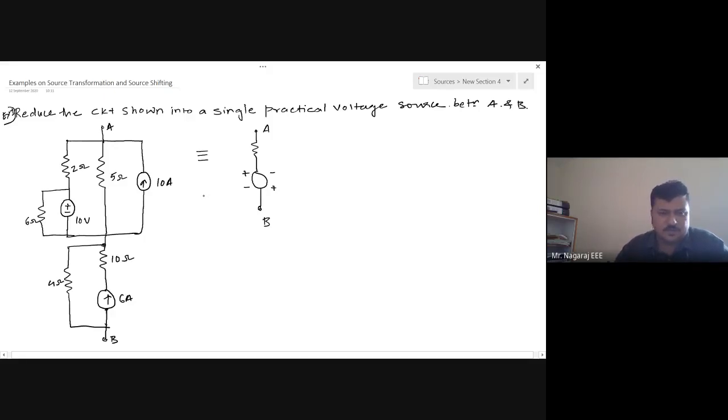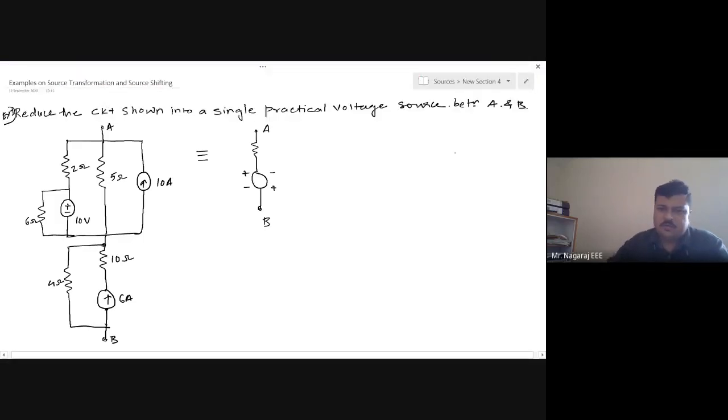So first we should look at what we get after transformation, and whether that step is simplifying the circuit or adding a step to the simplification. In this particular circuit, there are some redundant components which I have to take out from the circuit.